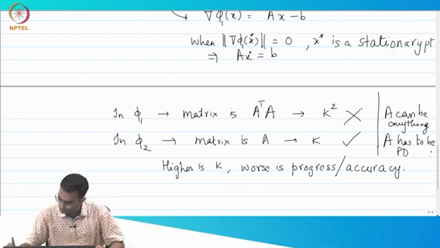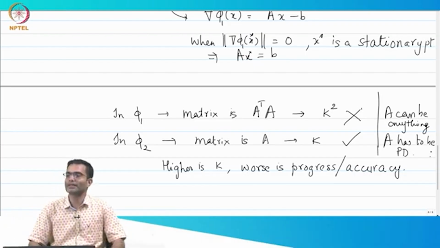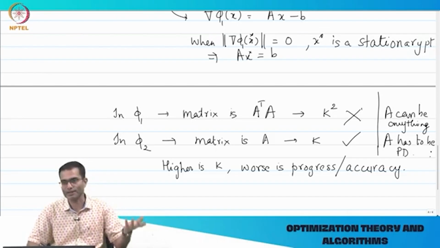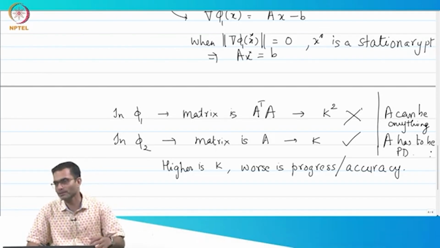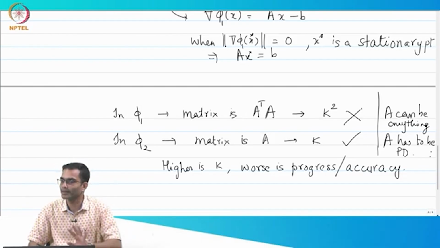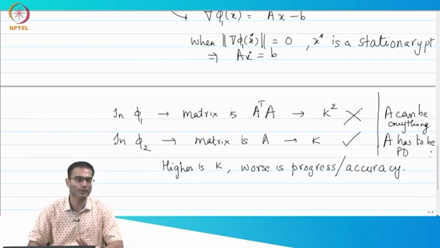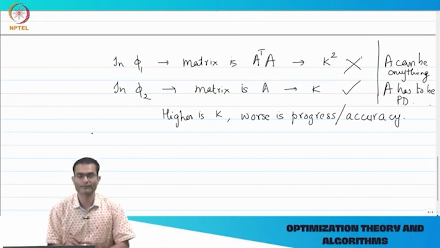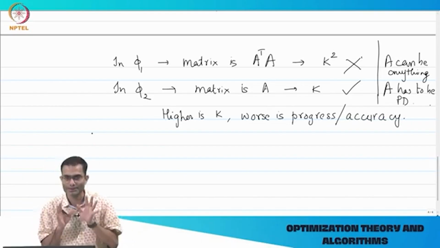So, if you were dealing with a very general purpose problem, you may have no choice. You may have to go for approach 1 and pay the price of condition number. But as we will see, there are lots of tricks around these things, right. But if your matrix was given to be positive definite, you should definitely go for approach 2 because your condition number is better.